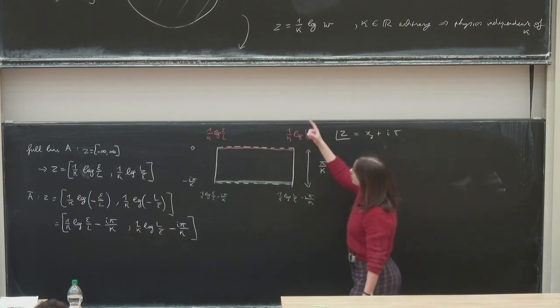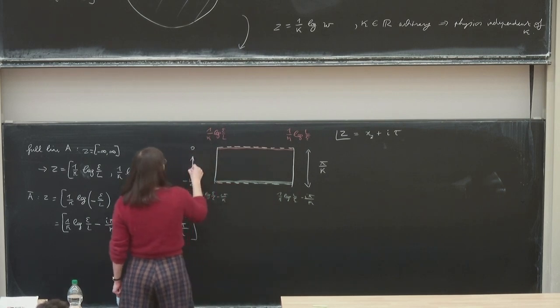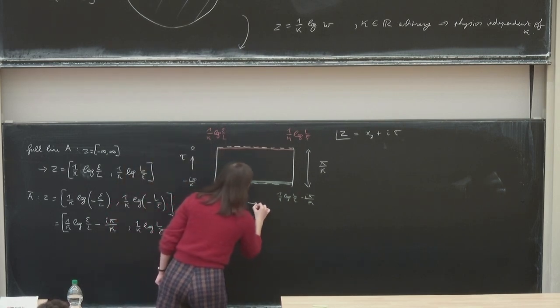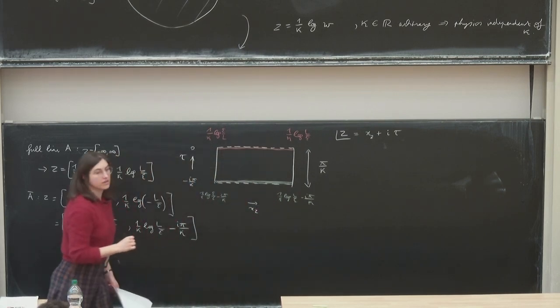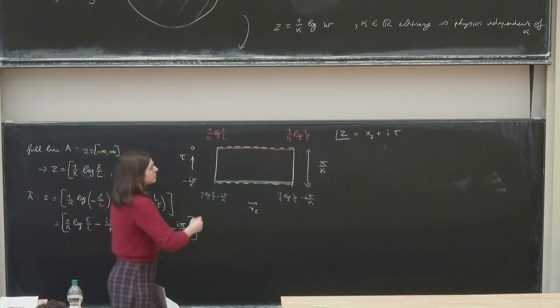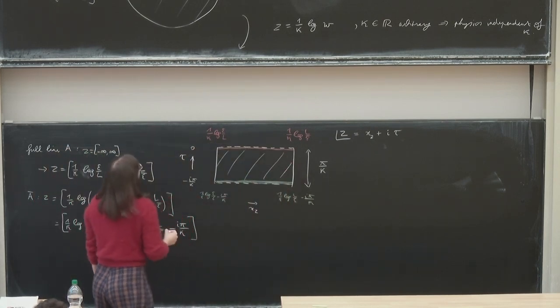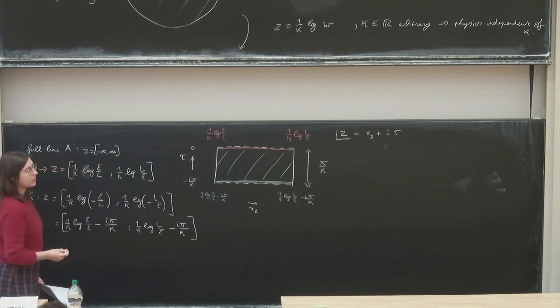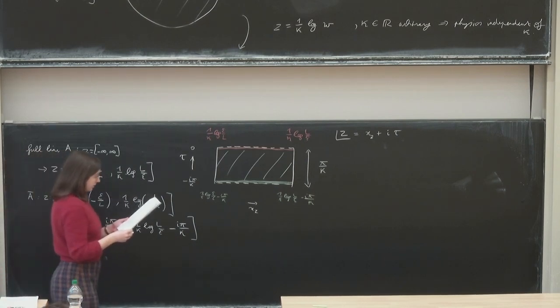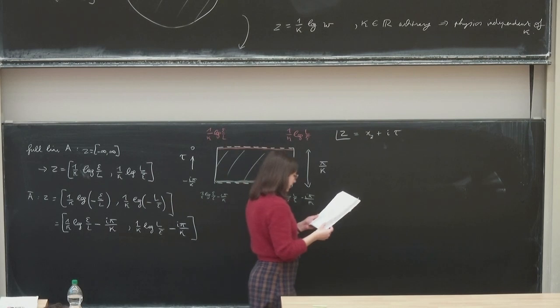So I have my tau running upwards in this figure and my x_z in this direction in this figure, okay? So this is now the dz bar plane, and this is where my A and my A bar are after all these conformal mappings.